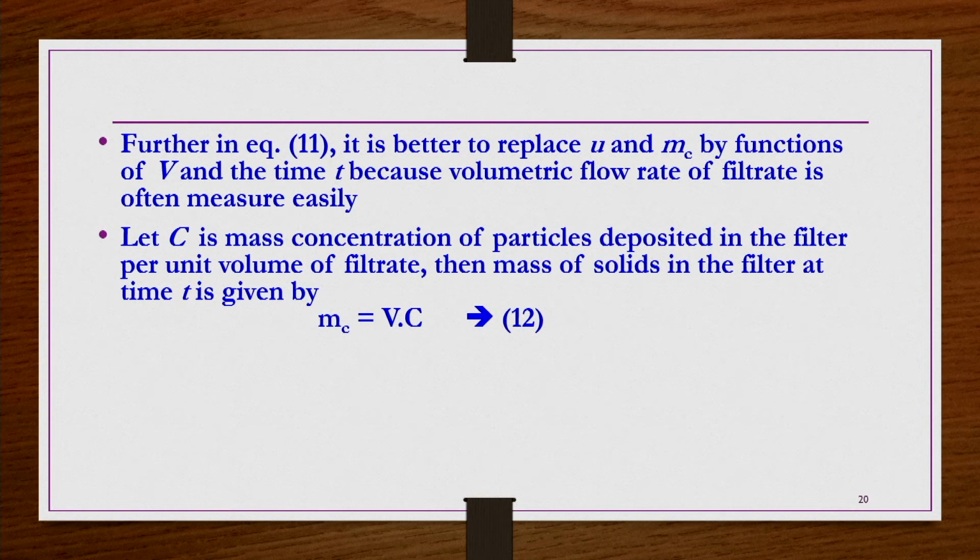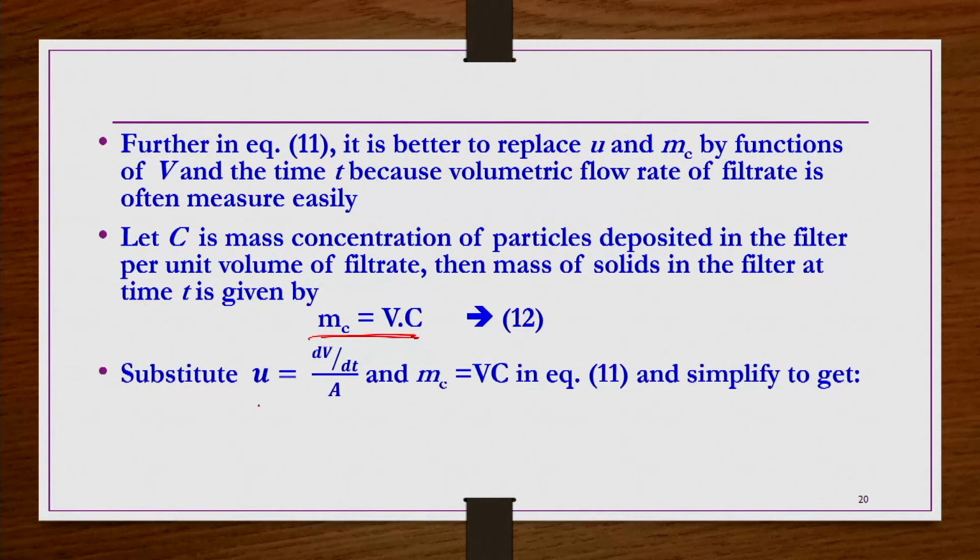Then the mass of solids in the filter at time t is V multiplied by C, where V is the volume of filtrate collected. And U we already know as dV by dt by A. So, in equation number 11, wherever U is there you substitute dV by dt by A, and wherever mc is there you substitute VC.